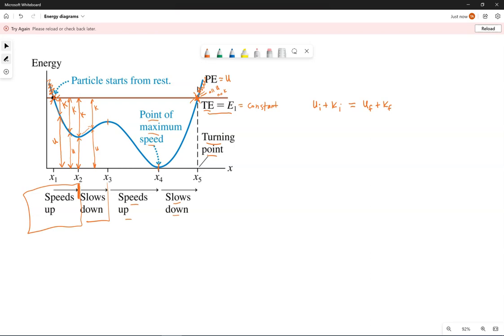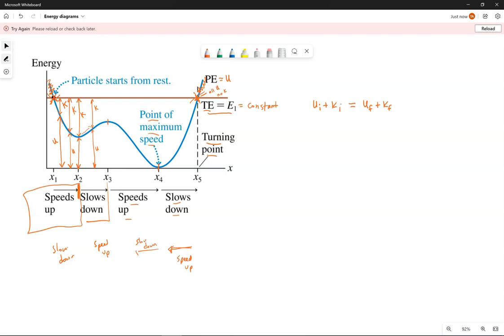We would see the particle head back the opposite direction, and we would see it speed up, and then slow down, and then speed up, and slow down, until it got to that maximum point, and then it would go to the right again. So we would see just this continuous motion of speeding up and slowing down.